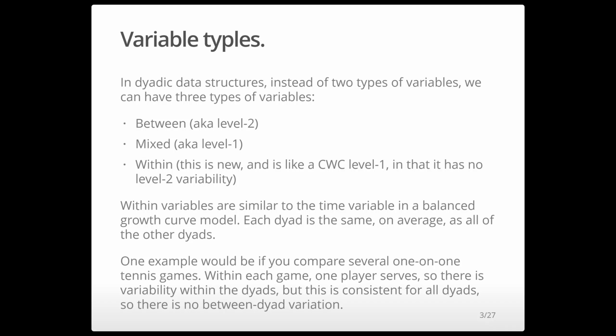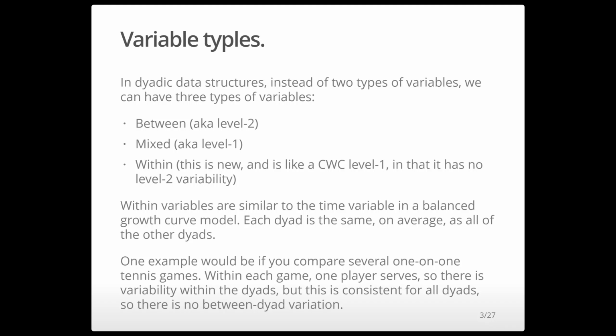If you recall, we were looking at a balanced longitudinal design where every person in the design was measured at the exact same number of time points. So time was a strictly within variable because it had no level 2 variability. Each person was measured at week 1, 2, 3, and 4, so the average time for each person was exactly the same.